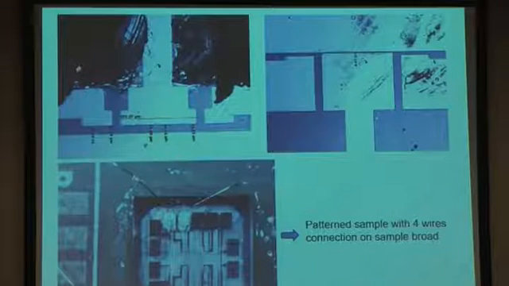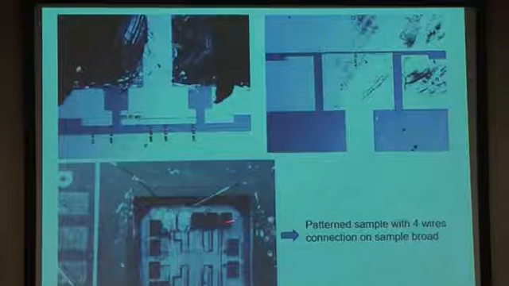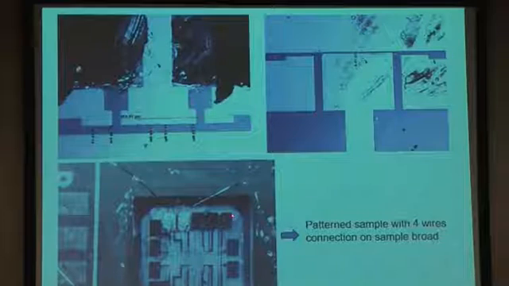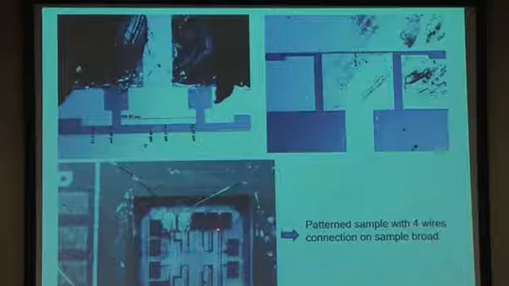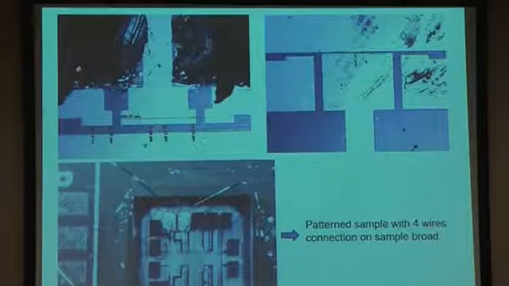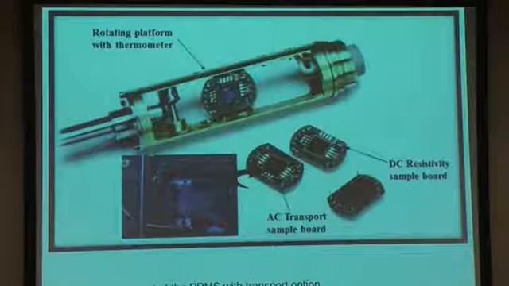So after we pattern them, we make contacts. For this bridge, of course, we can make contacts for all of them if we have the system in order to measure, let's say, 3 samples at the same time. And after that is the rotating platform with a thermometer from the PPMS.